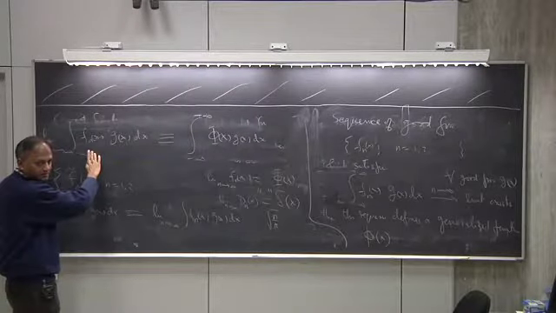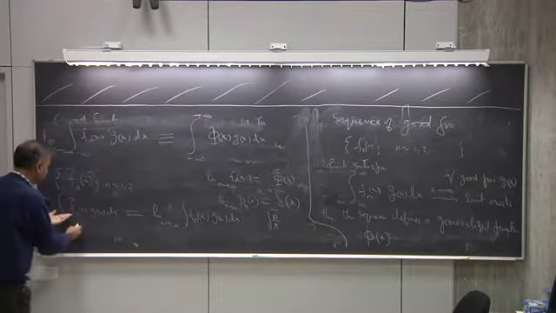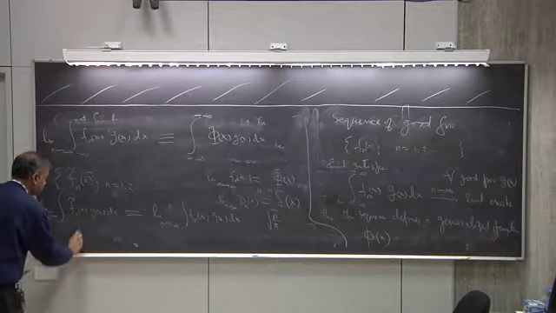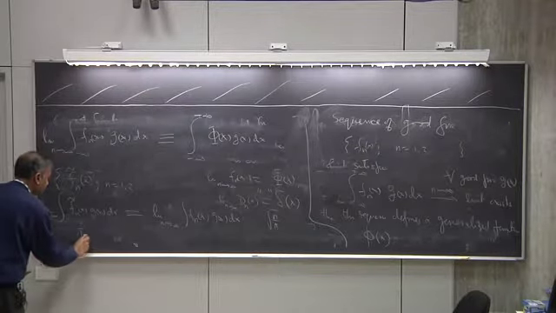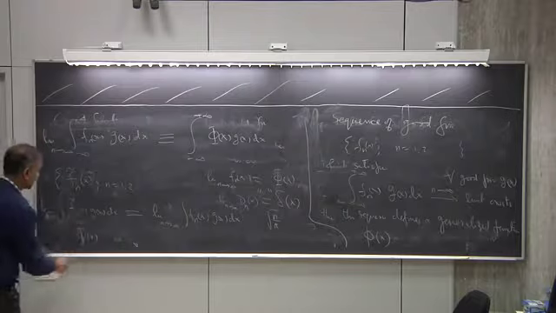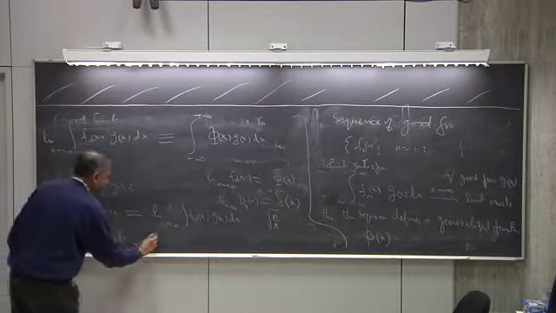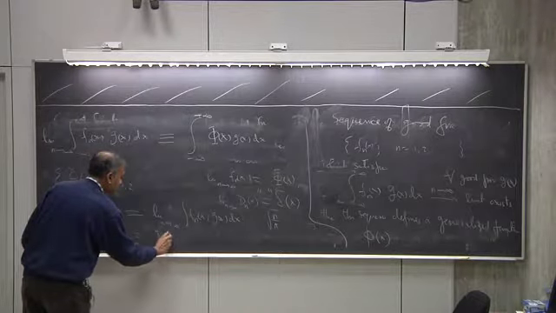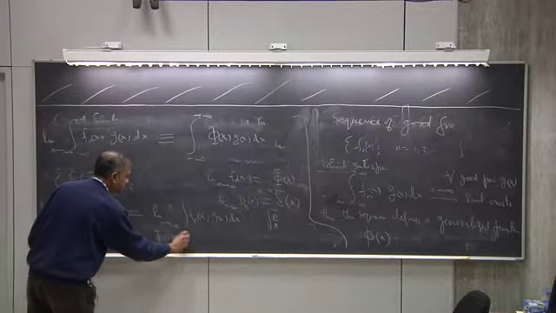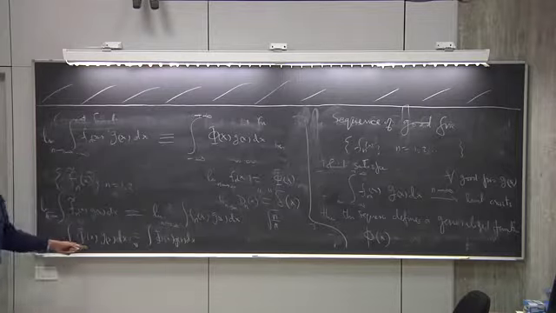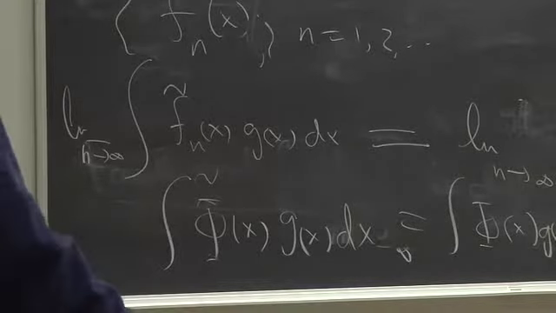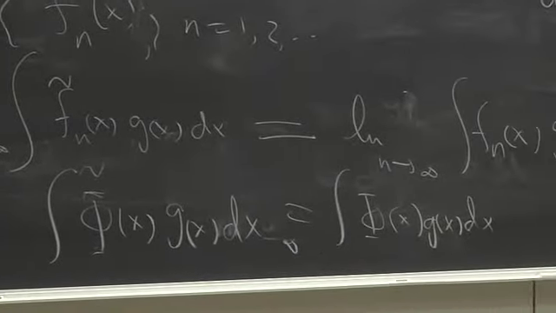If this defines for you some phi tilde of x, a generalized function, and this integral is the same as the integral of phi of x times g of x for every g, then you say that phi and phi tilde are the same generalized function.